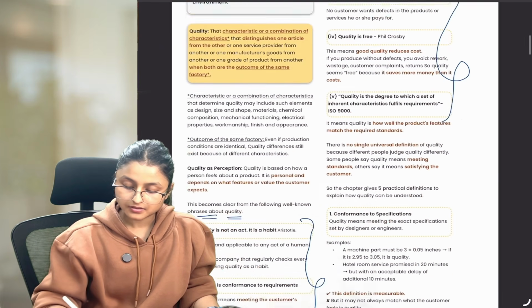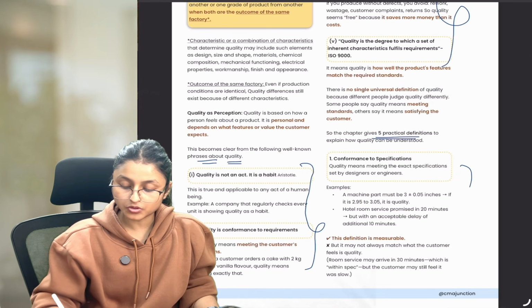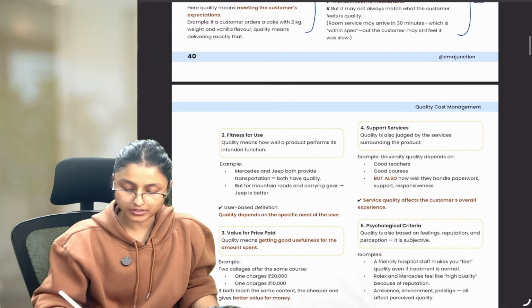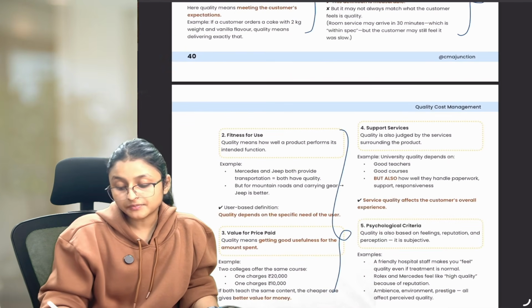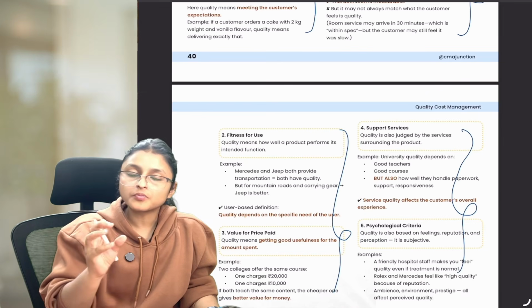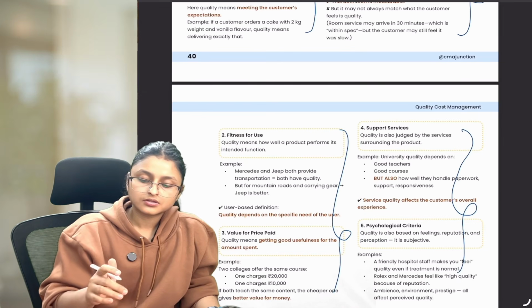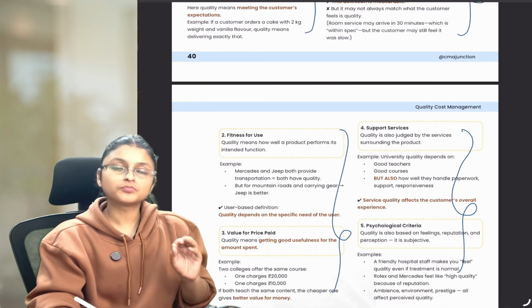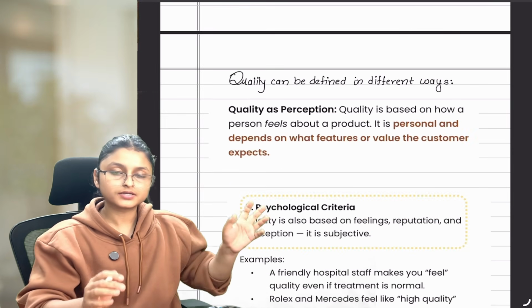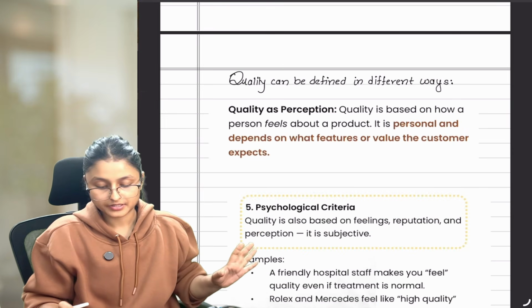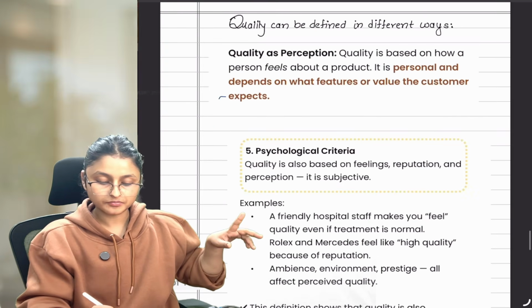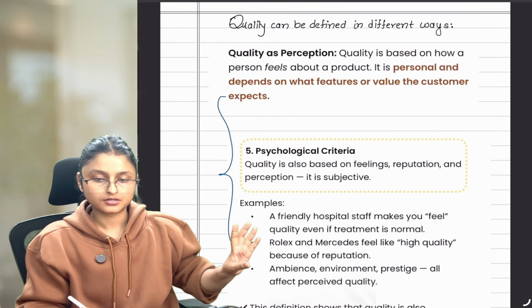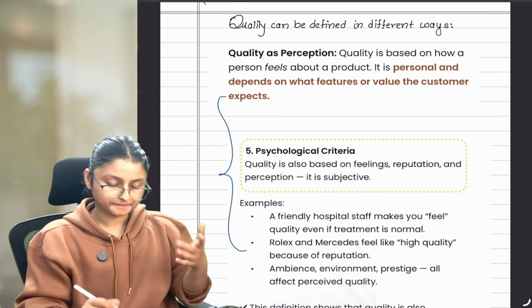And then there are 5 different definitions of quality. Now what I am doing is I am going to merge all of them because they both are defining quality itself. I am going to merge both of them to make you understand this in a better way. And that is why if you notice, the numbering can change. Just focus on understanding it.